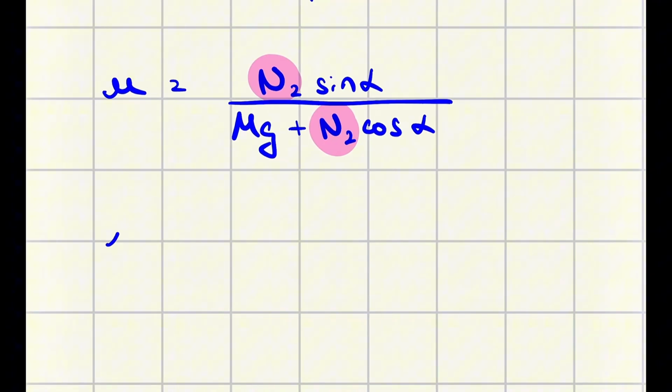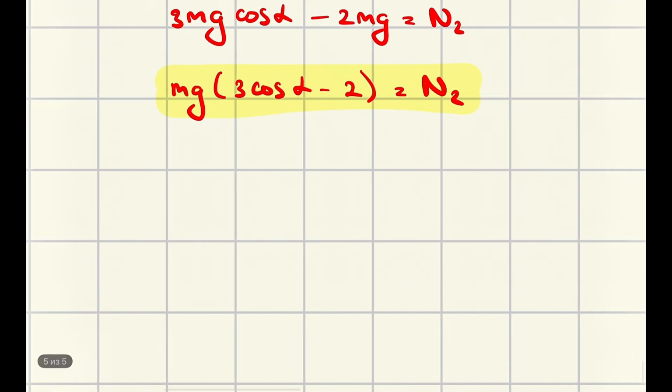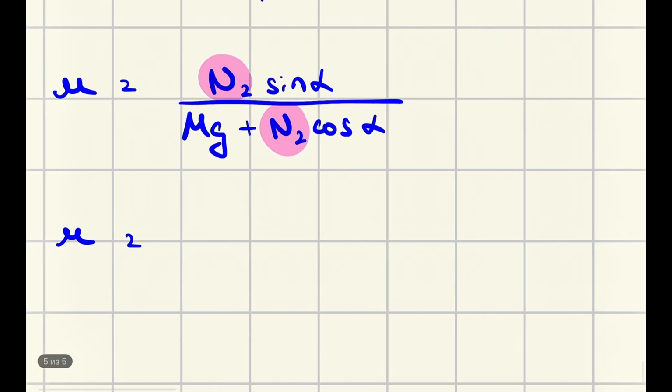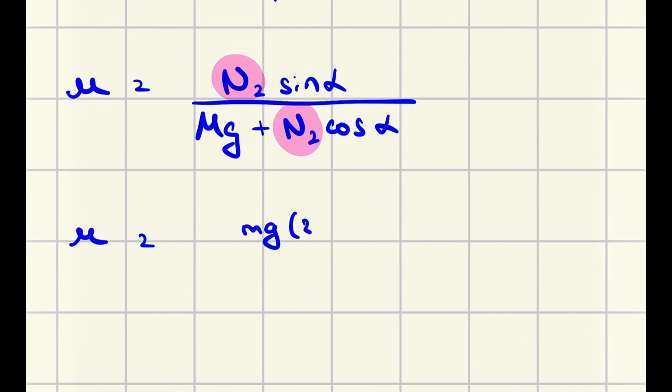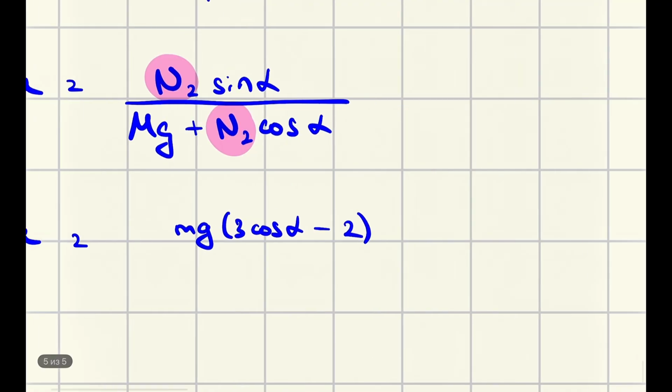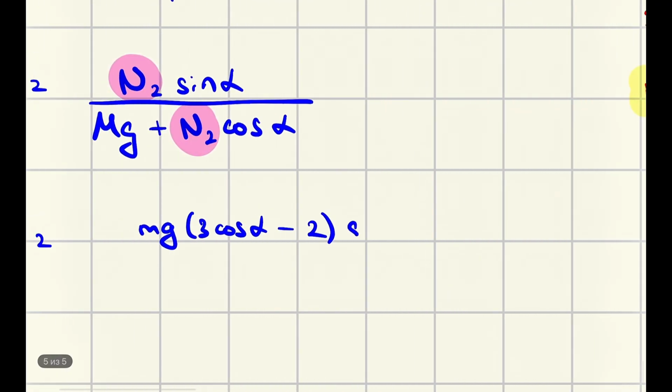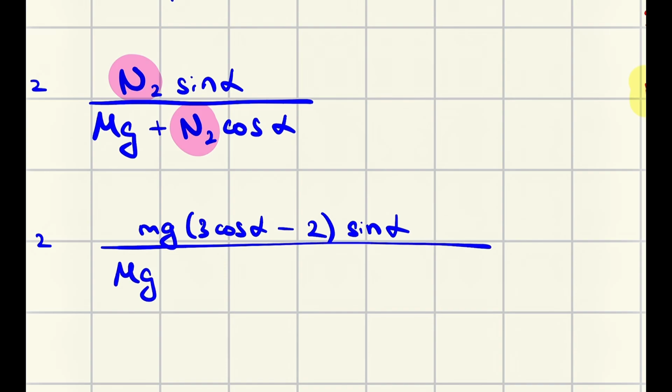Mu equals to what? Let's put this mg 3 cosine alpha minus 2. Yeah, mg 3 cosine alpha minus 2. Is it correct? Yes, it is. And sine alpha outside. Here we have huge mg plus N2. Again, the same thing, mg 3 cosine alpha minus 2 cosine alpha. And what can we do?